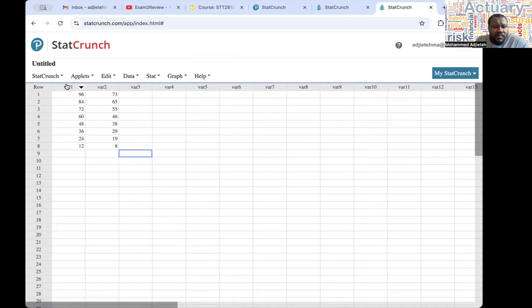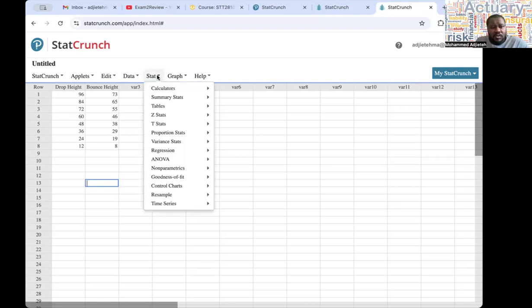Delete row, good. And then let me name here drop height, and then bounce height. Okay, good. So you just have to double check that you enter the right figures. I believe I did.